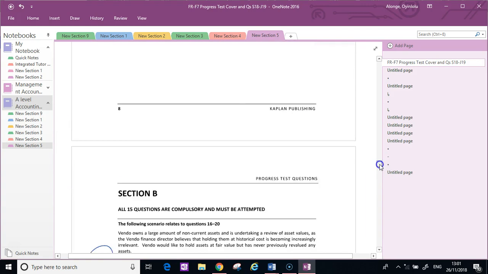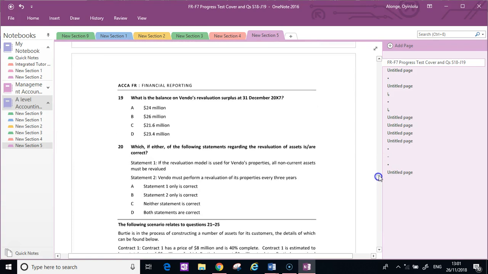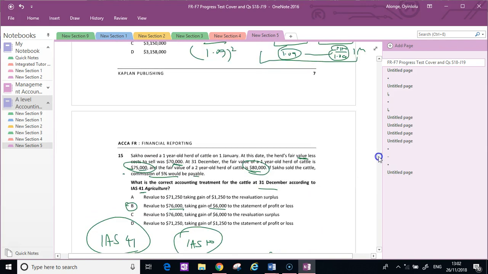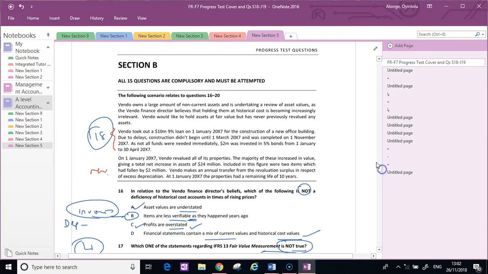I've just done 18. So let's look at 19. What you have here in 19 is a situation where you have a net increase made up of two items that have fallen by 2 million. So what it means is that we have a revaluation of 26 million and 2 million. So this 2 million hits the income statement straight away.